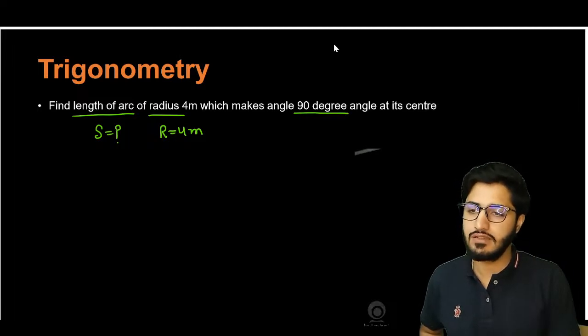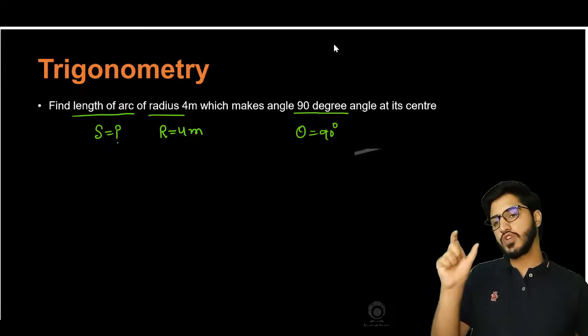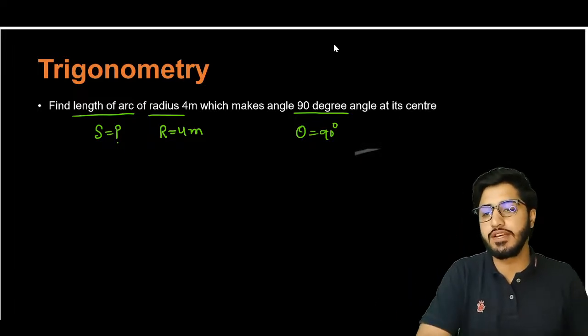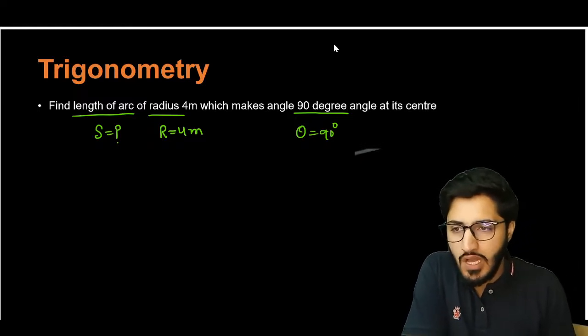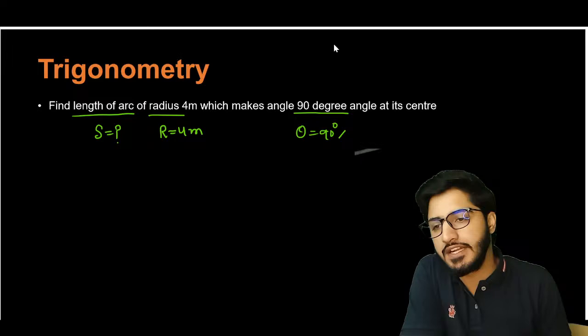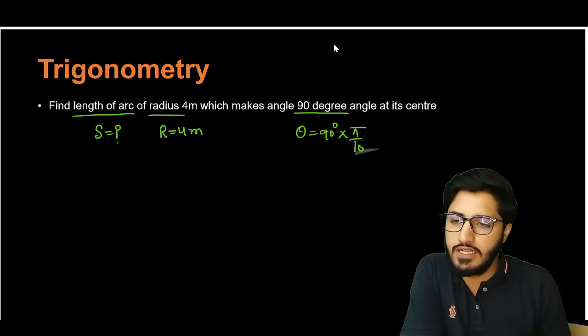Angle is given as theta equals 90 degree. So firstly we have to convert this 90 degree into radian. How can we convert it? 90 degree into pi by 180. It will become pi by 2 radian.